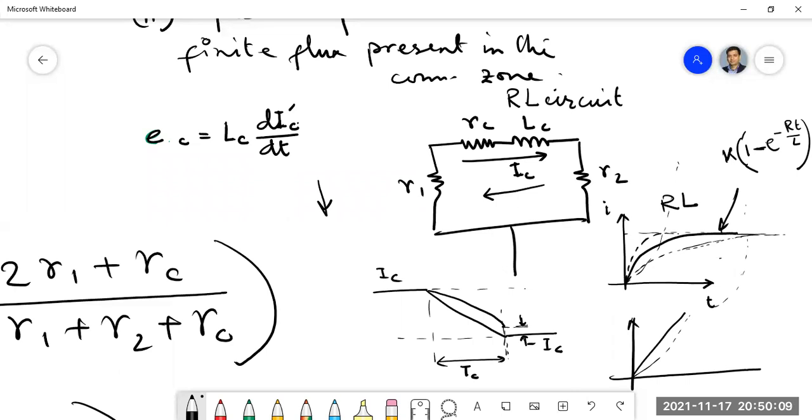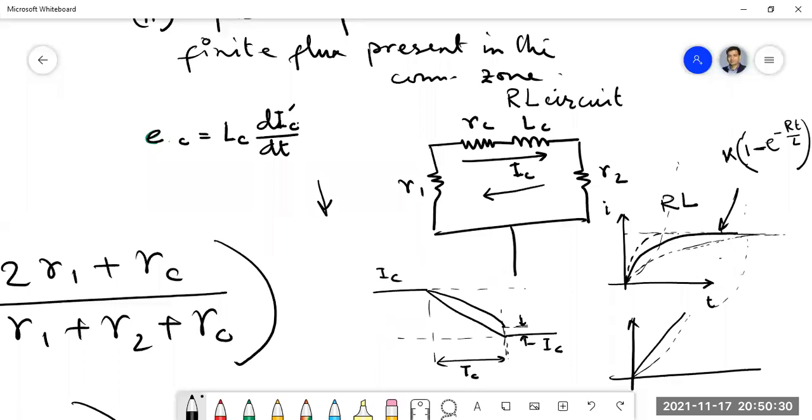But you have to switch off the current and switch to minus IC, because another current will flow in the other direction in that coil. So you have to somehow switch from some positive value to minus IC. That will create the sparking in the commutator.